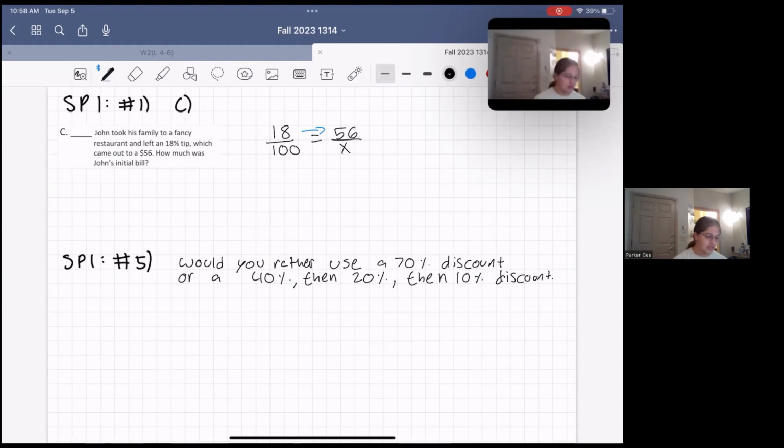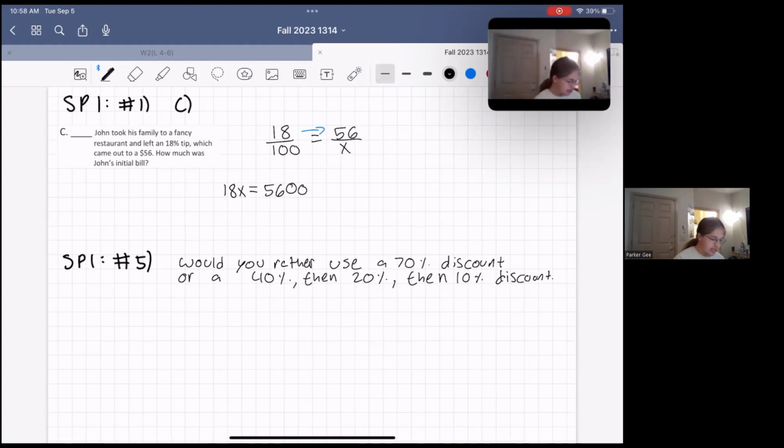Now that we have this equation set up, we can cross multiply and do 18X is equal to 56 times 100. So I'm just going to add 2 zeros. Now we can grab our calculator. I recommend the TI-30 XS. It's a great calculator for this class.